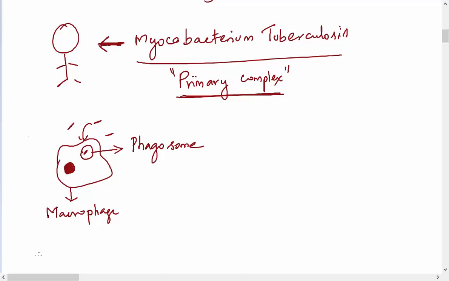Once it takes the phagosome inside, the next thing is that they have a lot of lysosomes, which contain enzymes. The immediate role, if they take any bacteria, is to fuse the phagosome with the lysosome.